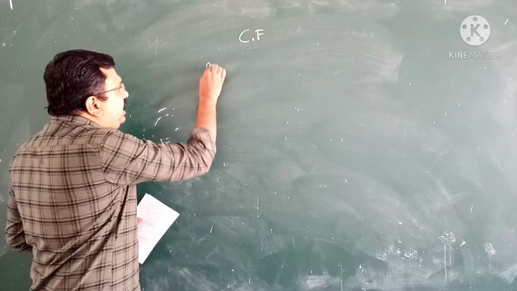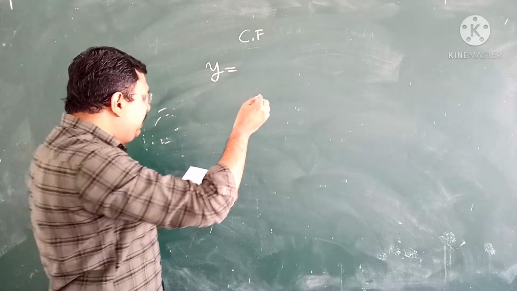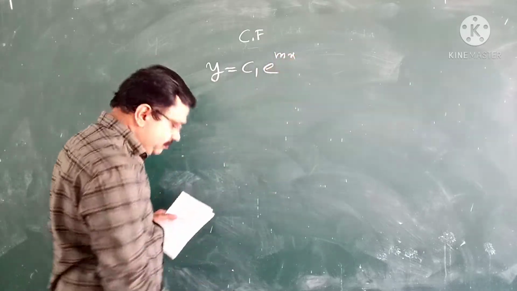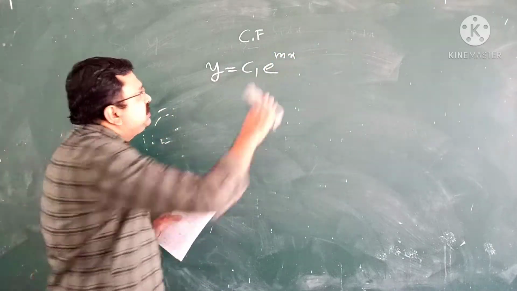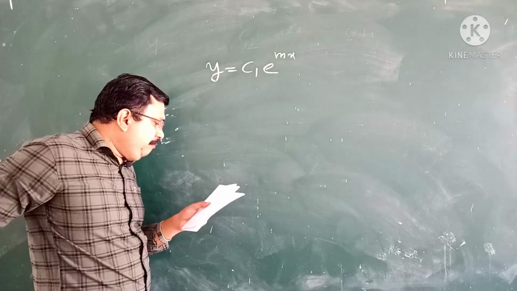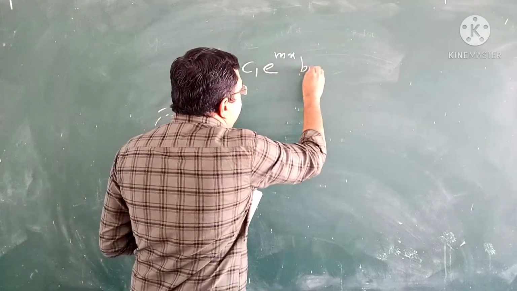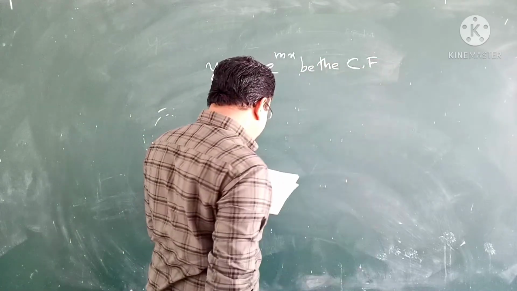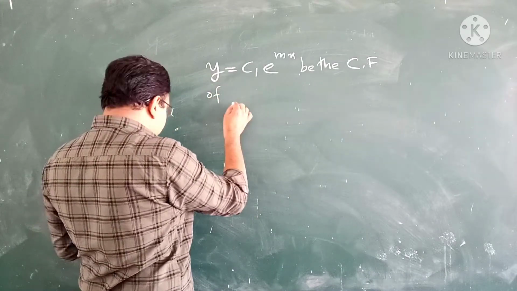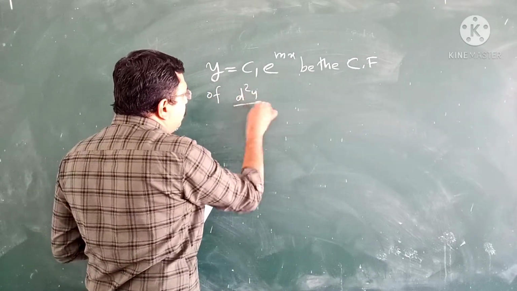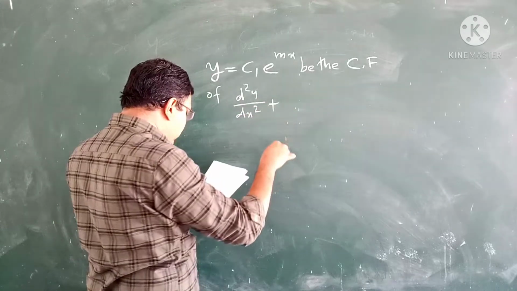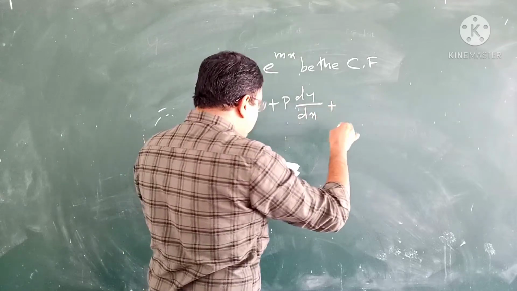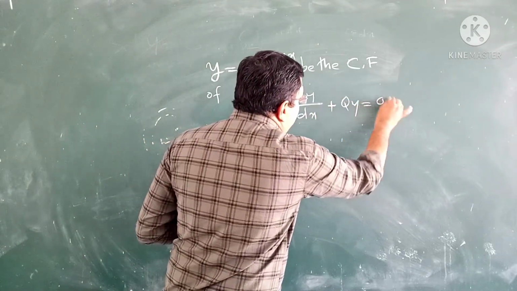First, let y equal to c1 into e raised to mx be the complementary function of d square y by dx square plus p into dy by dx plus qy equal to 0.